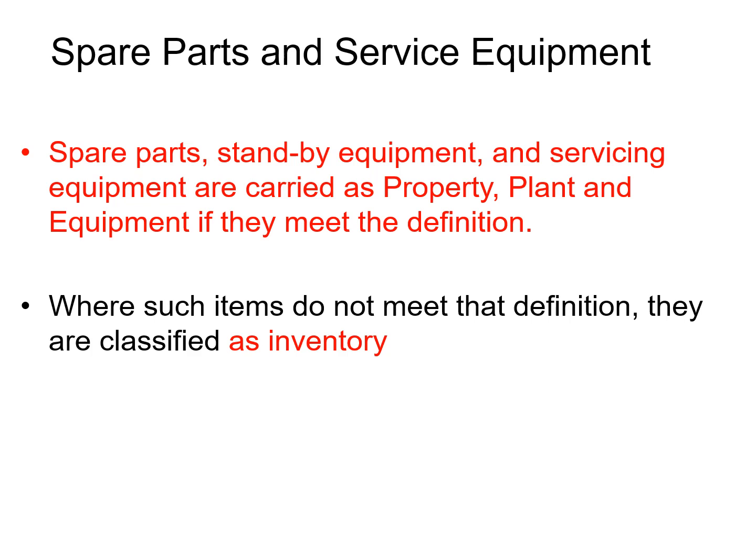These items are in effect property, plant and equipment because they meet the definition, and therefore they will be subject to depreciation and impairment and everything else that goes hand in hand with property, plant and equipment, all other property, plant and equipment that is carried on your statement of financial position.